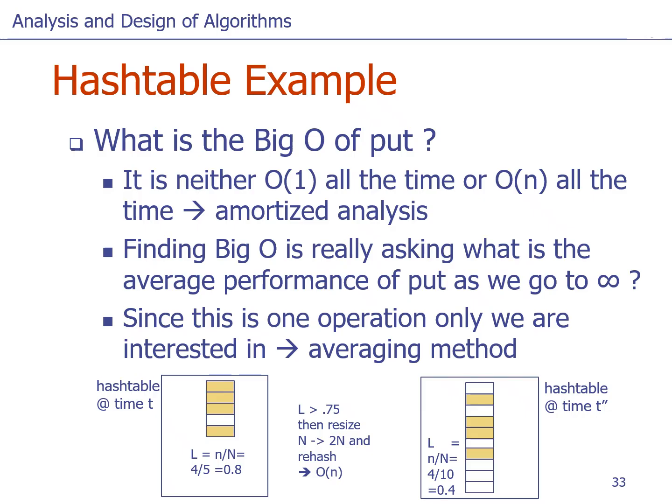And if I'm trying to analyze the performance here, I'm going to use the averaging method we were just describing. Why? Where is that actually happening in the hash table? Why is put having two different asymptotic orders? This has to do with the load factor.